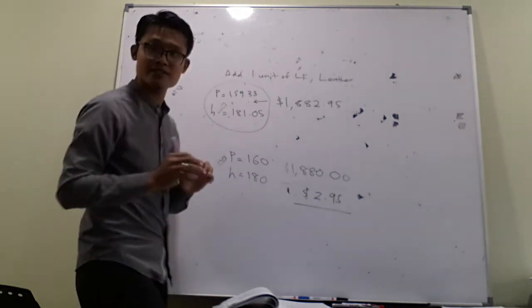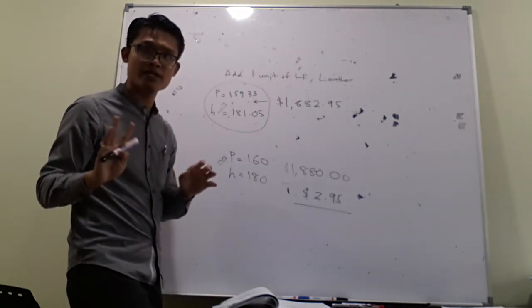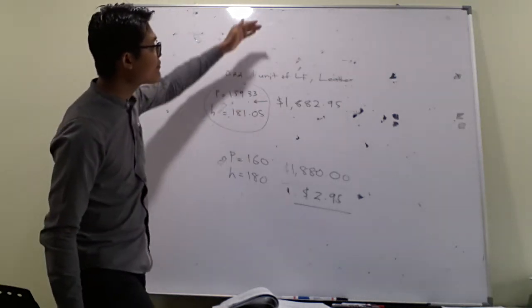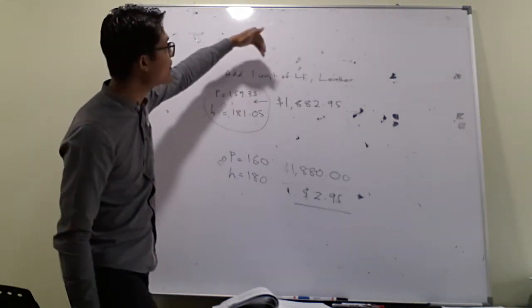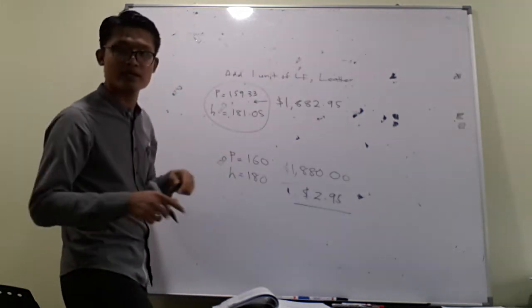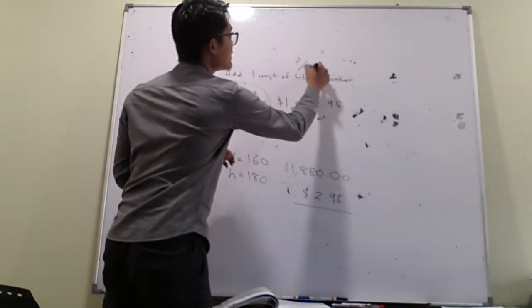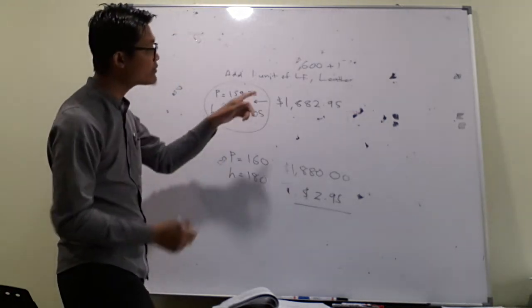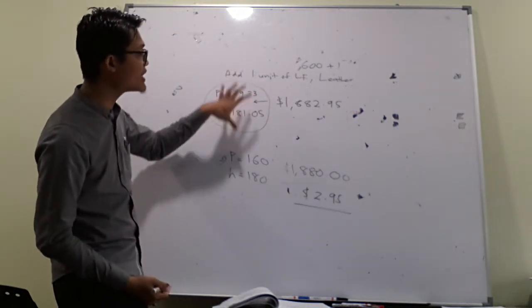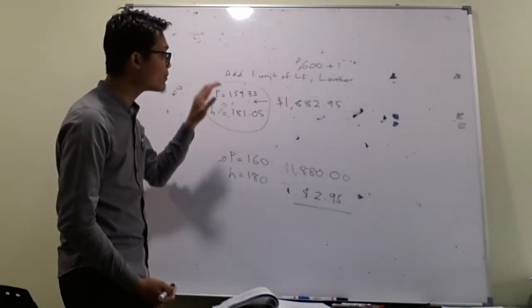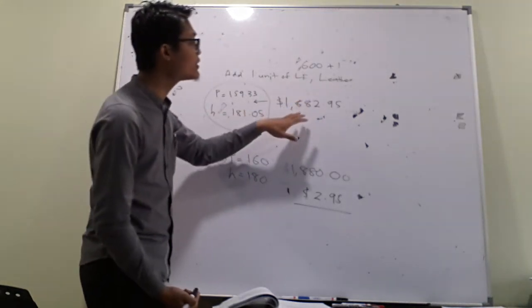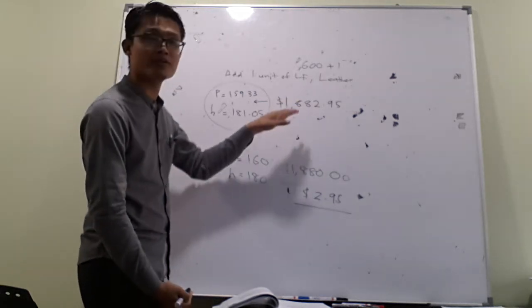Okay, guys, let me try to explain the connection now. Now, because I have added 1 unit of limiting factor, meaning the meter squared. Before this we have 600, but I plus 1, it becomes 601. Because I add 1 unit of limiting factor, I have new combination of P and H. Consequently, as a result, I have a new contribution in total, which is a higher contribution.